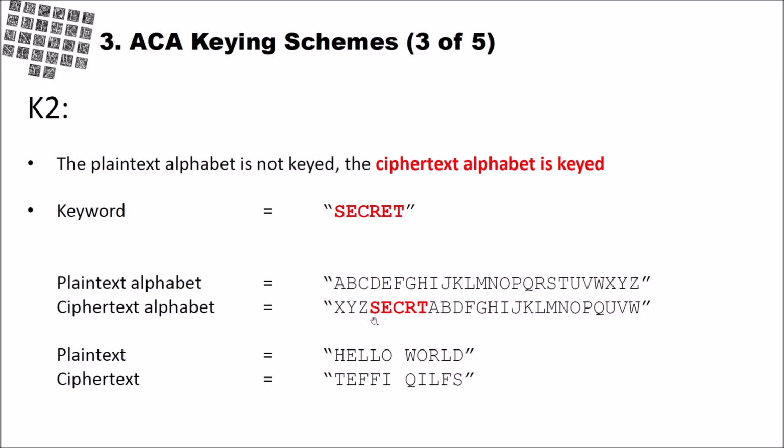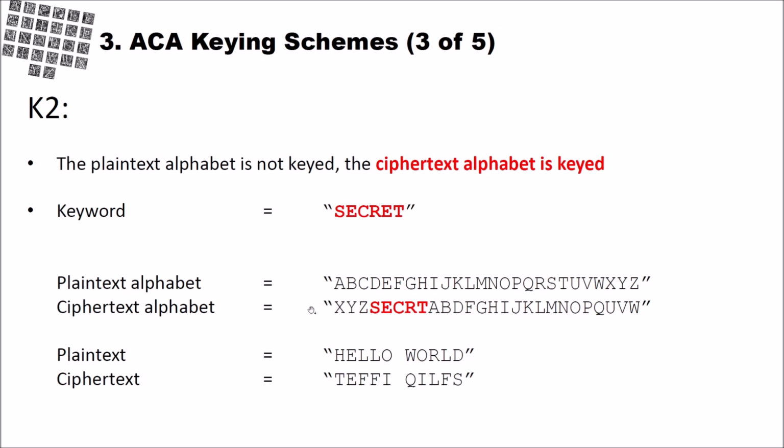Of course, we also choose an offset. I used in all examples the offset 3, but you are free to use another offset. Of course, the receiver of your secret message has to use the same offset. We write our word into the ciphertext alphabet now. We remove the second E, of course. We write the remaining letters of the alphabet, and we have our ciphertext alphabet.